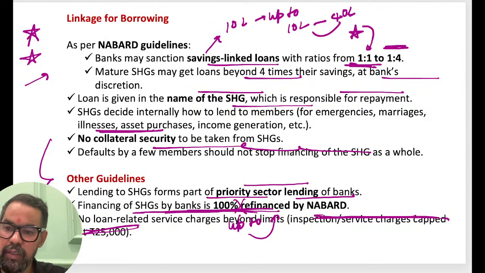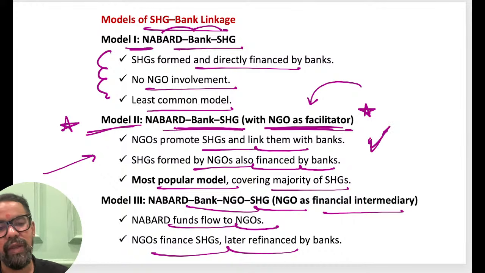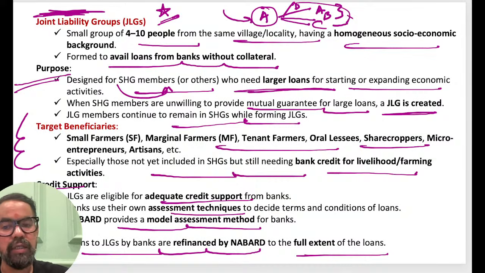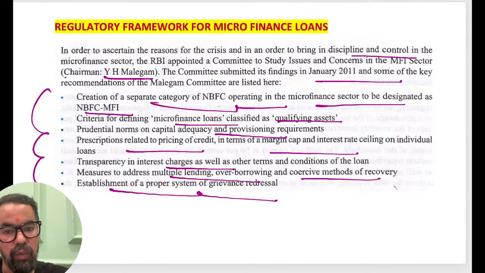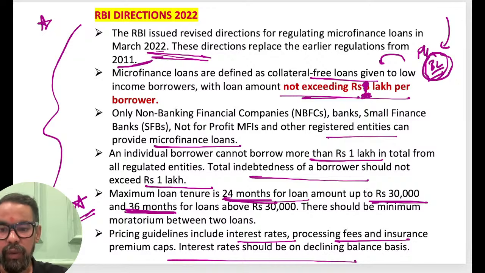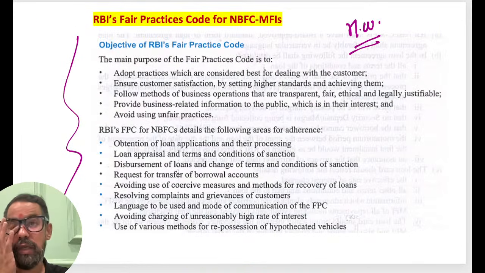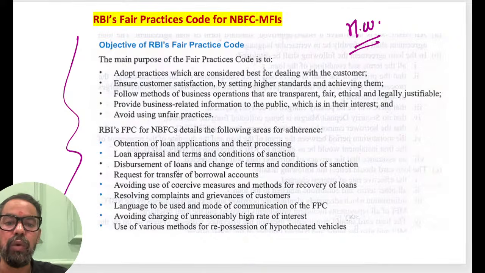We have model 1, 2 and 3, and in India basically we work on these, so this is very important. Apart from this we have JLGs, joint liability groups, their features and all. The regulatory framework, again very important. RBI direction 2022, very important. And fair practices, very important. These are some areas which you at least have to go through from this unit, okay.